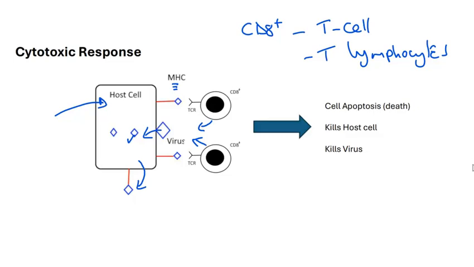And so what they then do on recognition, between their glycoproteins and this glycoprotein, is to initiate a process within the cell of cell death, or what's called apoptosis. The apoptosis program results in killing of the host cell, but that actually also kills off the virus.